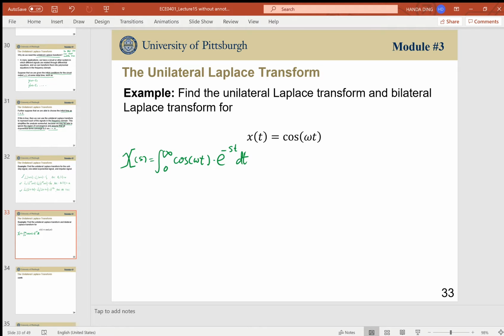I would suggest you guys use the Euler identity for this cosine omega t. Yeah, let me do one step for you. All right.